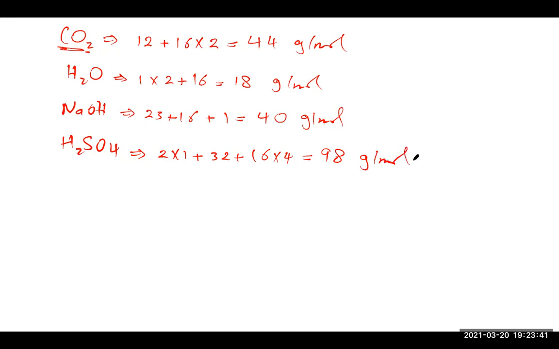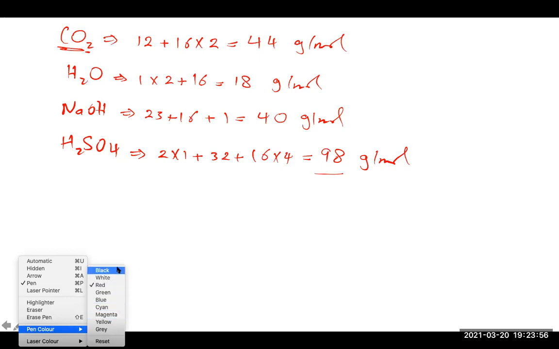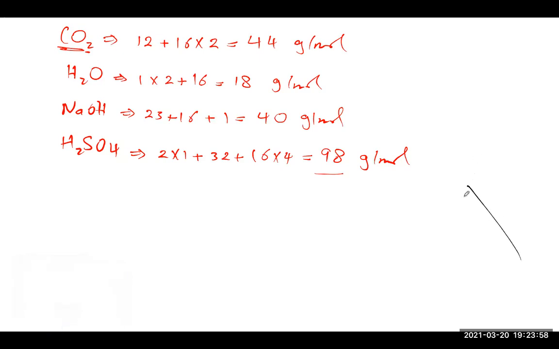So maybe he will ask you to calculate the molar mass for a substance, or he will ask you to use the molar mass to calculate the number of moles. From this point, we will have another formula that we need to use. This formula is the relation between number of moles and the mass or the molar mass.